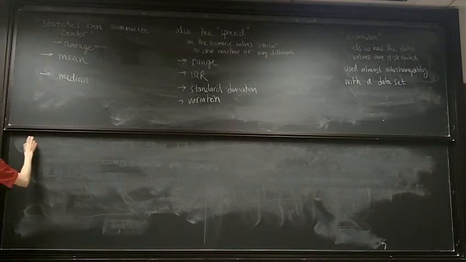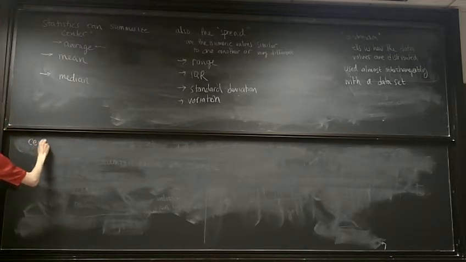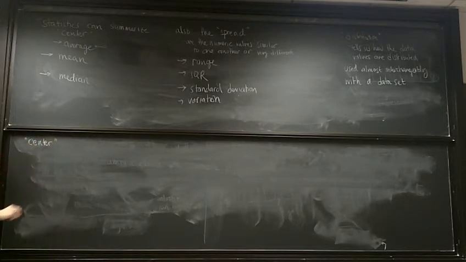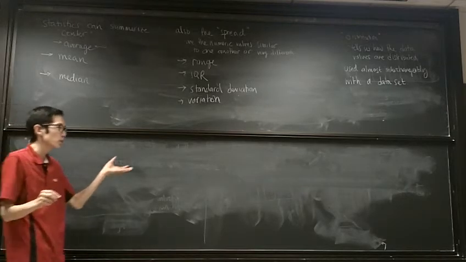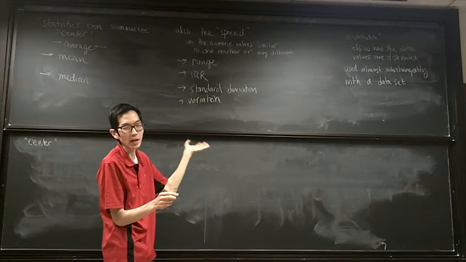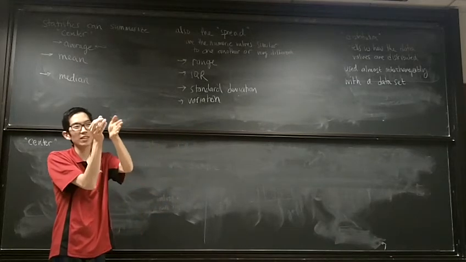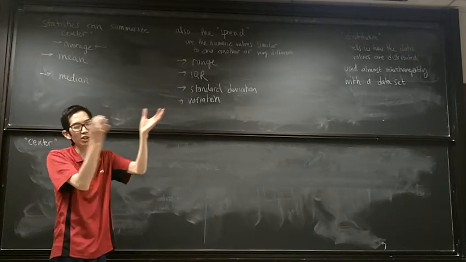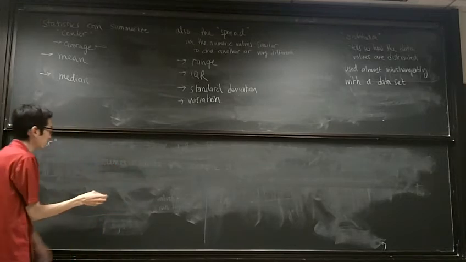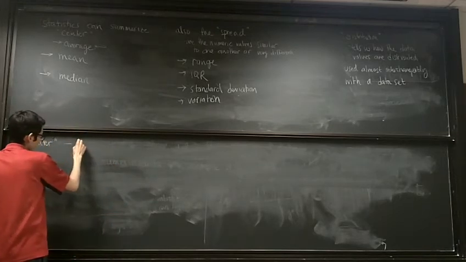Okay, so statistics that summarize center, all right? The idea of center is the idea of what are typical values. What's the central value that we might see in this distribution?